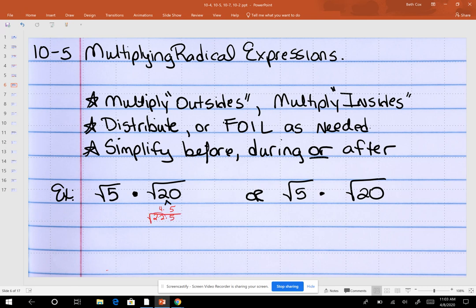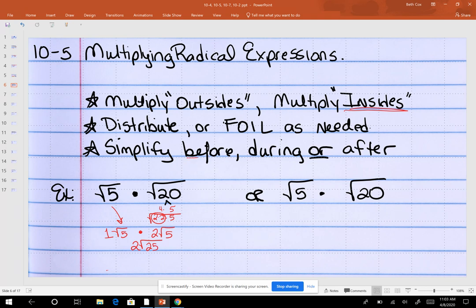And that simplifies. The 2 gets out of the house and the 5 stays in. So now that gives me that problem. And so I multiply the insides on this one, because the outsides, that would be a 1. So 1 times 2 is 2. And then 5 times 5 is 25.